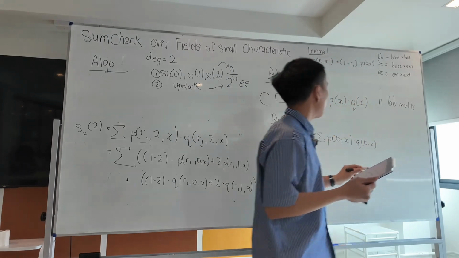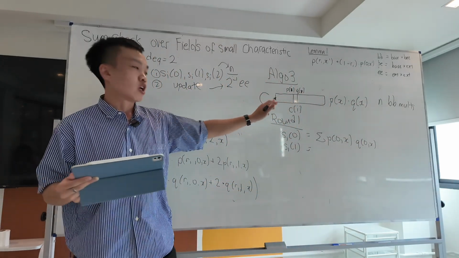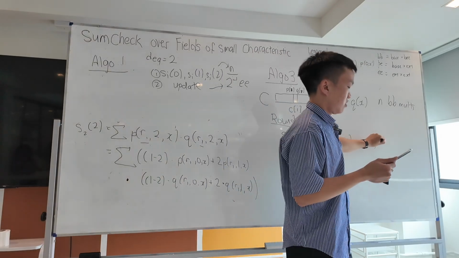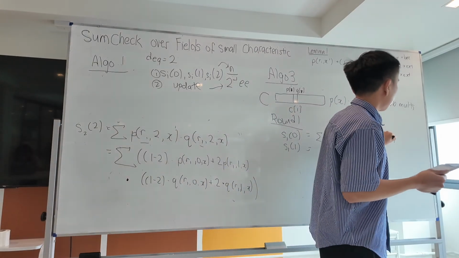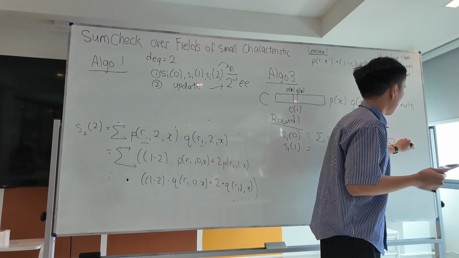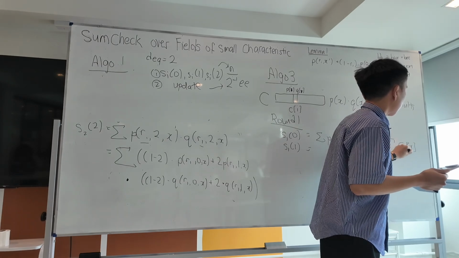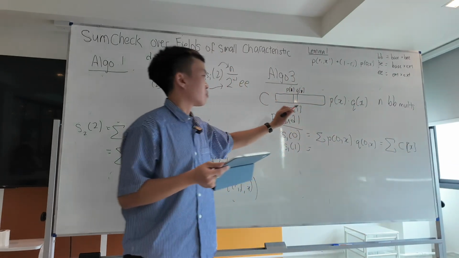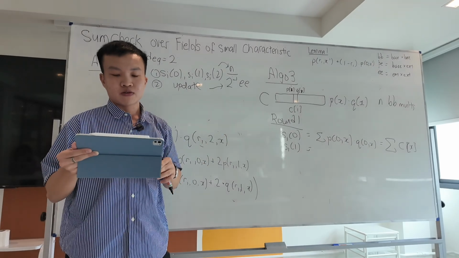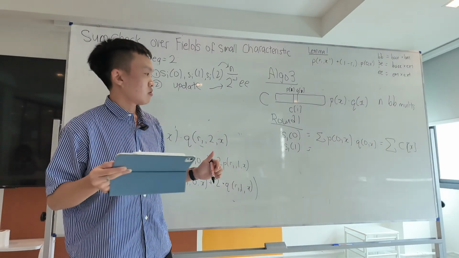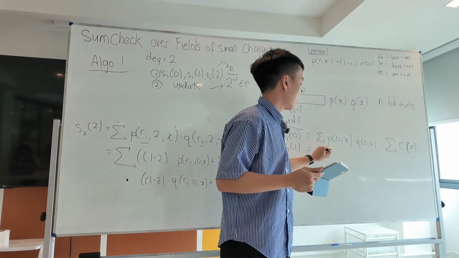But because we already computed this, we can just index into the array. So all we're doing is a sum of the Cx array, using what we've already pre-computed. And same for S1 of 1. So I'm not going to write this out.